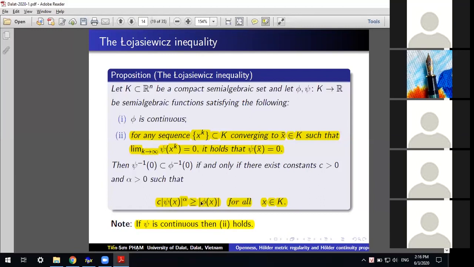Conversely, it may not be true in general, but here we suppose that phi and c are semi-algebraic functions and K is a convex semi-algebraic set. So the two conditions, this condition and this inequality, are equivalent. This inequality is very important in the following.